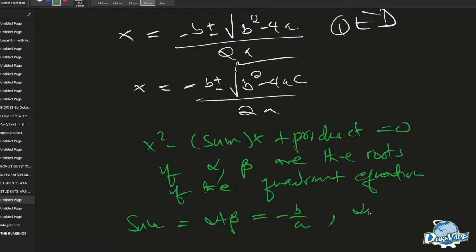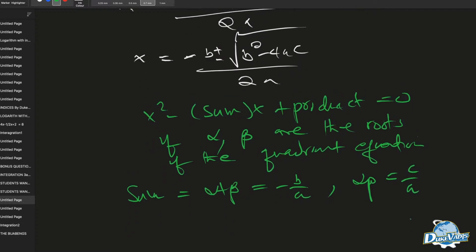And alpha beta is equal to c over a. So when we substitute this back into the expression, we say that x squared minus the sum, which is alpha plus beta, x plus alpha beta is equal to 0.